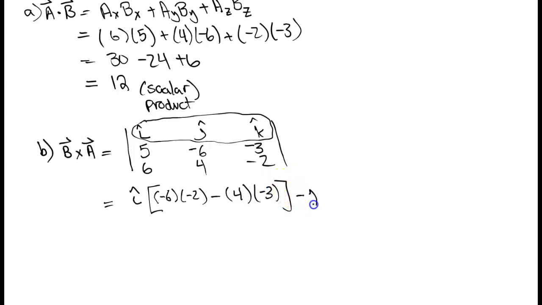And then it's a minus j, so the expansion around the row is going to alternate signs. So the first one is positive, the next one will be negative j times.